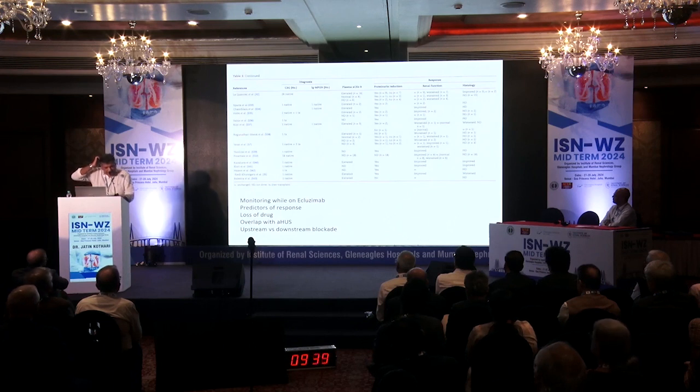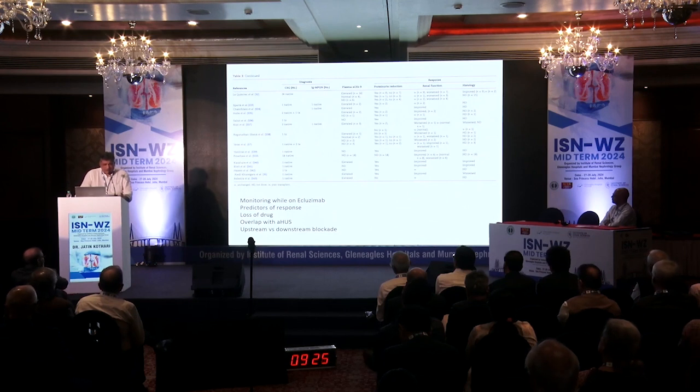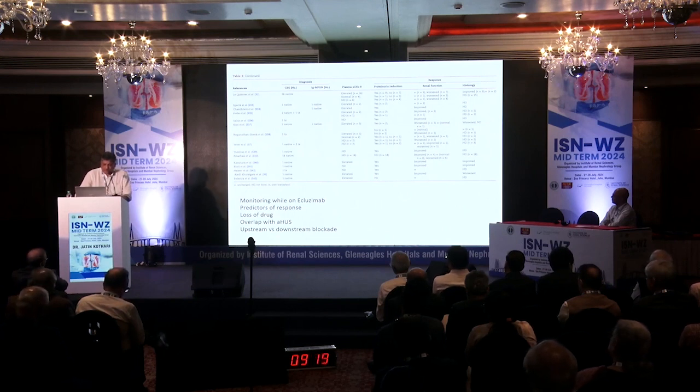What they've recommended is that when you are using eculizumab, already the cost is very high for our patient population. You will need to monitor C5 to C9 levels, and again, that is not very easy for us. The predictors of response again: the patients who have more inflammation and more rapid progression are actually the ones who do better.